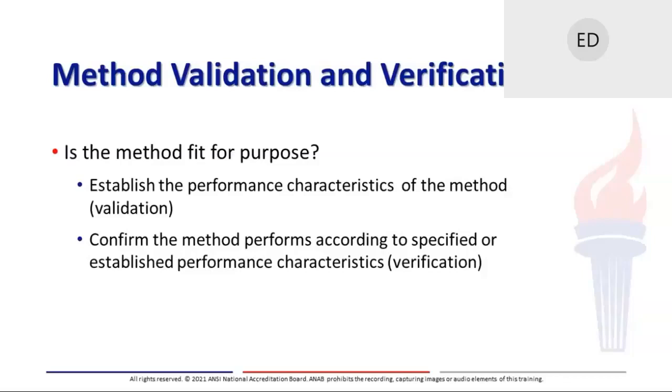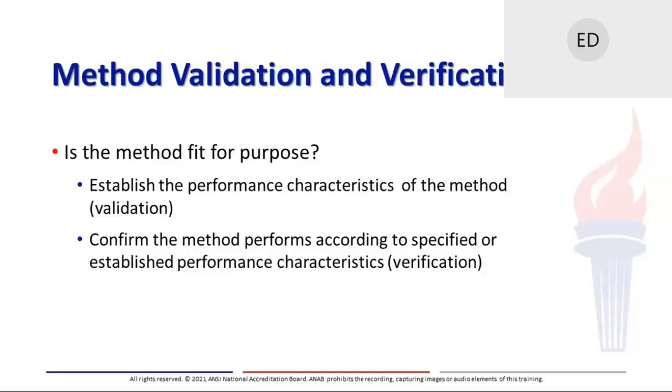Either one, validation or verification, they use similar approaches and they use similar statistical analyses when evaluating these performance characteristics. If you want more information on validation or verification, there is current training that is available. You can see the ANAB.org training website for further details.